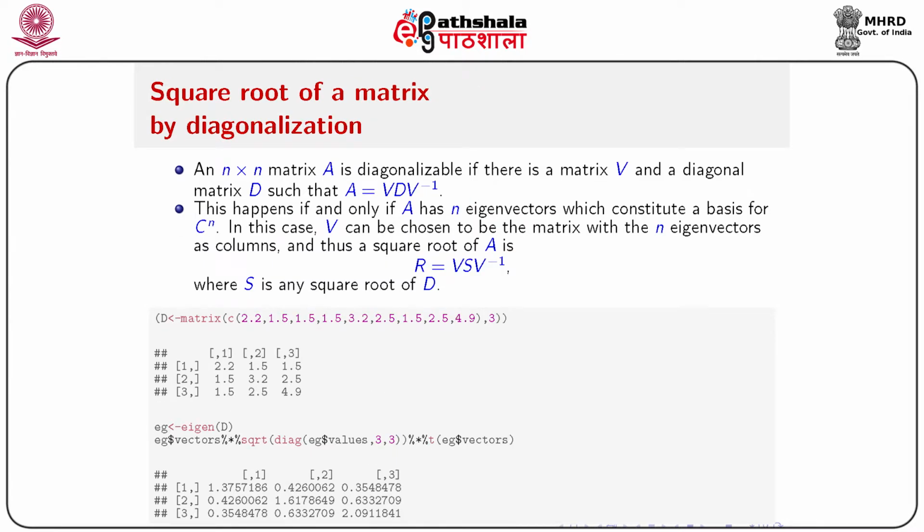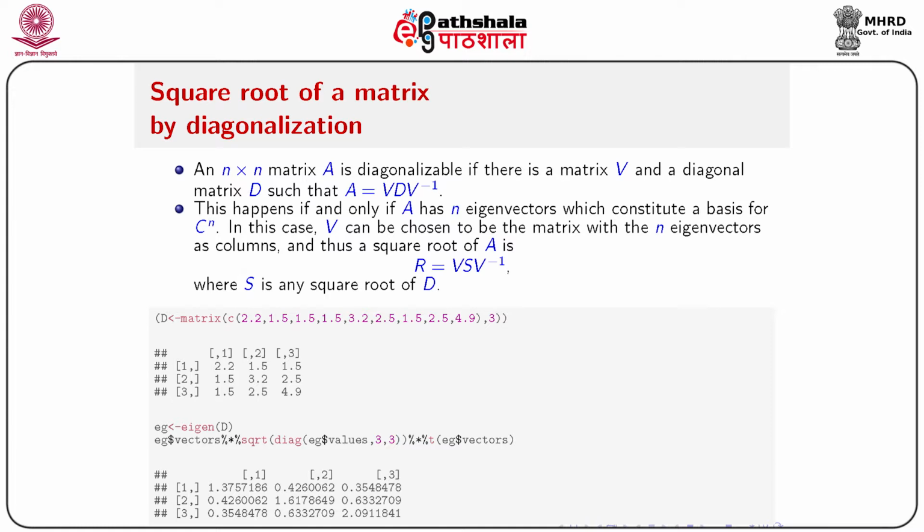Now the square root of a matrix by diagonalization. Suppose an n by n matrix A is diagonalizable if there is a matrix V and a diagonal matrix D such that A equals V D V inverse. This happens if and only if A has n eigenvectors which constitute a basis for C to the power n.